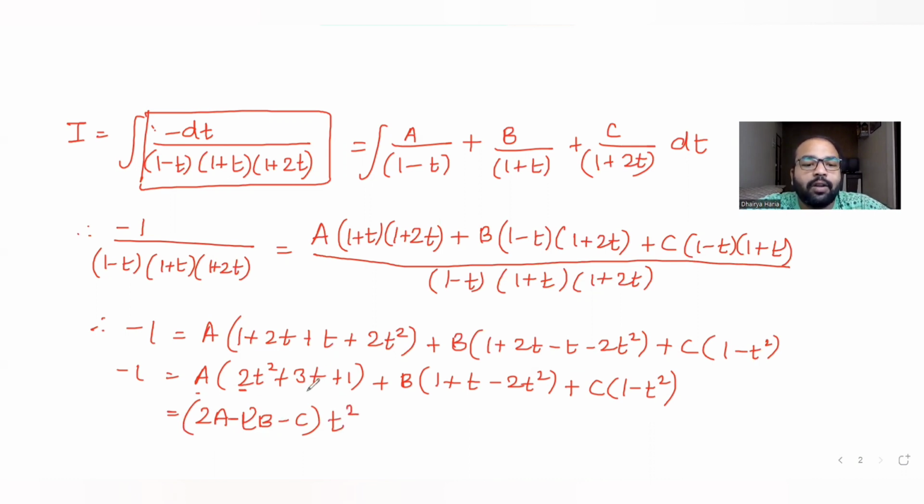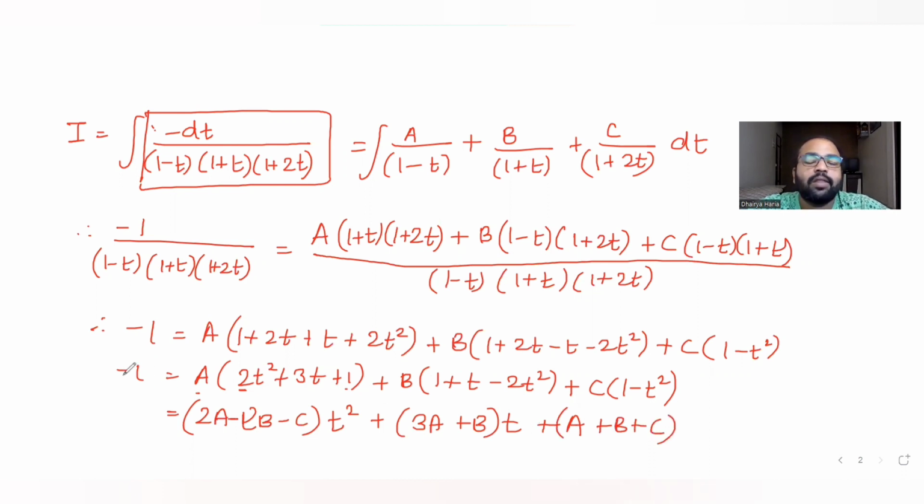For t, it turns out 3 into a, and here I have plus b into t, right? And here I do not have a term of t. For the constants I have a into 1, so a, b into 1, so b, and c into 1, so c.